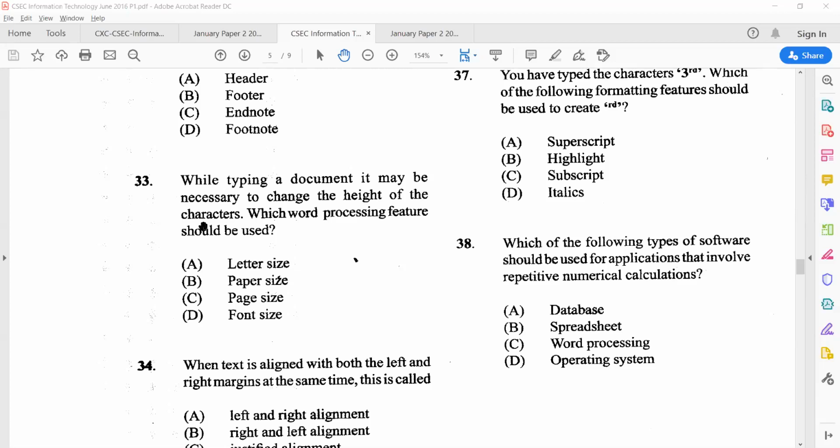While typing a document, it may be necessary to change the height of the characters. Which word processing feature is used? For 33, you want to change the height of the character. You're going to make adjustments to the letter size, paper size, page size, or font size.